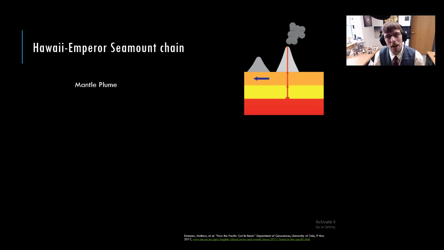There is a spot underneath the island of Hawaii that is particularly warm in the underlying mantle. The other issue is that the crust is a little bit thinner, and the combination of those two means that the mantle punches up through the tectonic plate, okay, and creates a volcano.